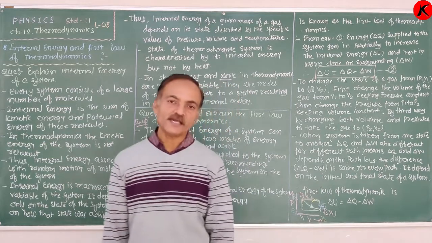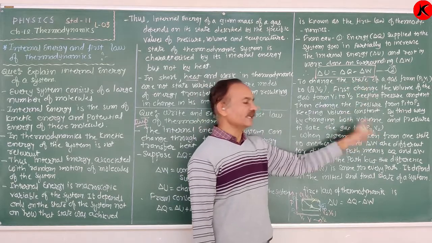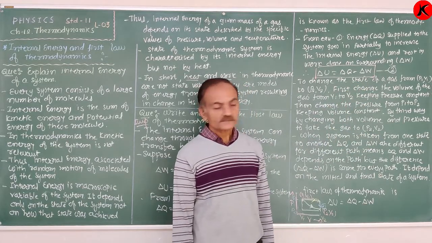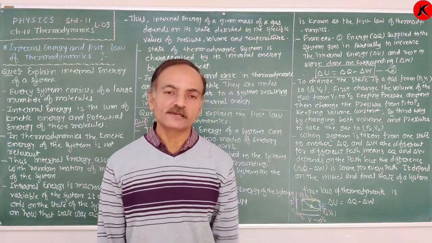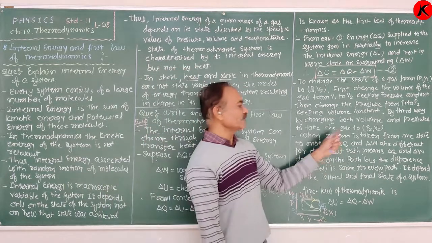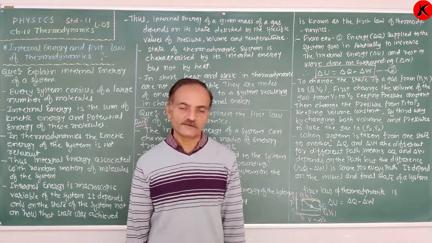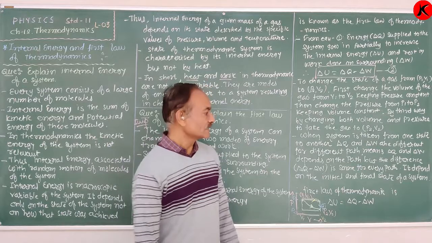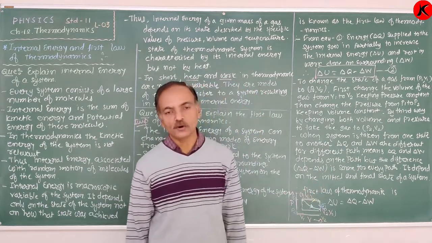So there are three different ways to bring the system from the initial state to the final state. For these paths, the values of delta Q and delta W, that is, the heat and the work done on the surroundings, are different. But the difference delta Q minus delta W is the same for every path.